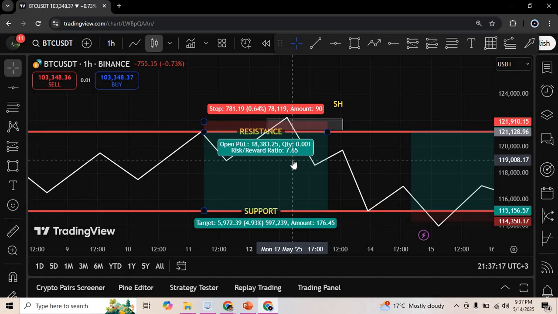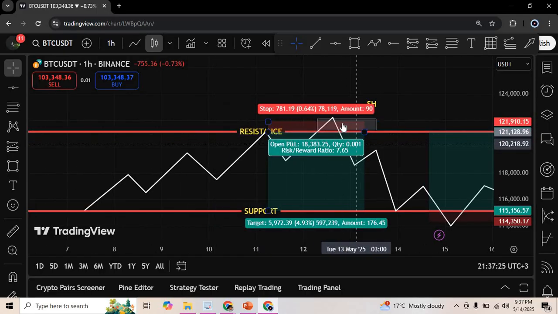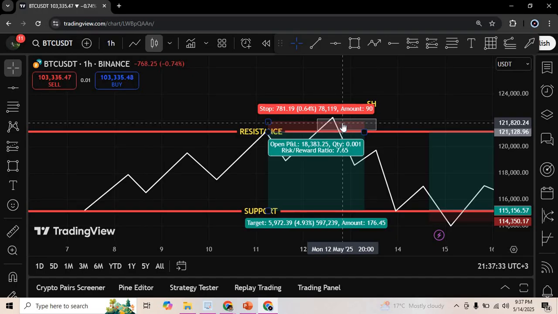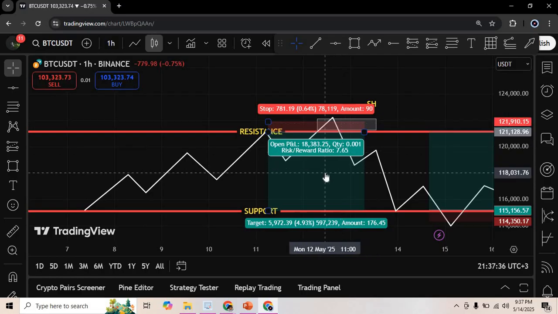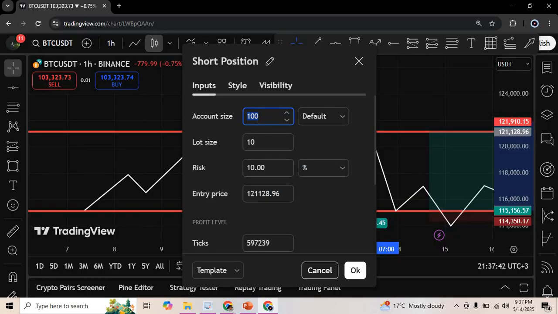Okay, perfect. So what this means is, if your stop loss is triggered, the amount that will remain in your account is $90. So how many dollars have you lost? Let me do that again. Remember, our account size is $100.